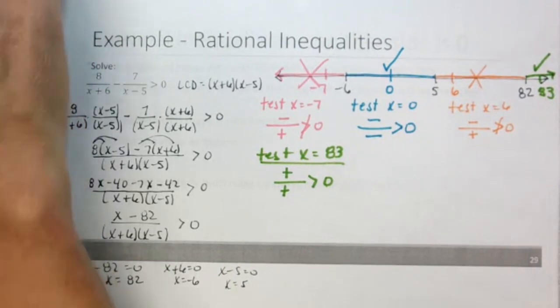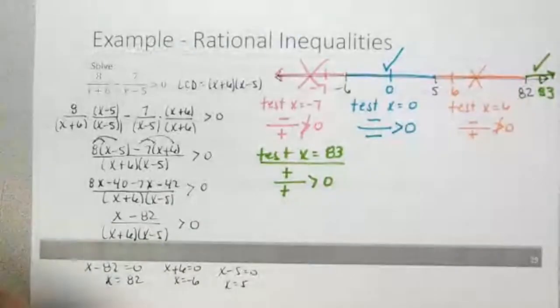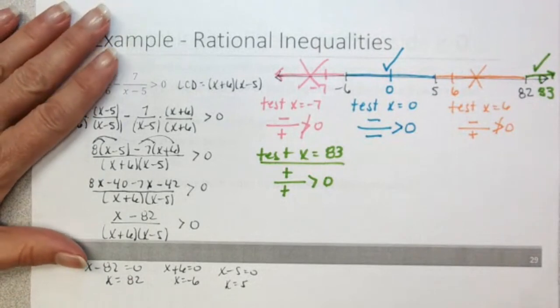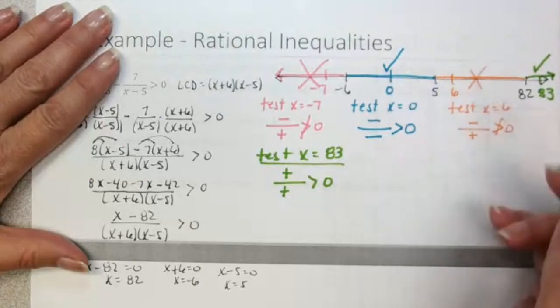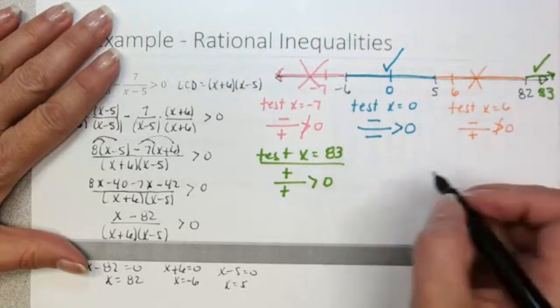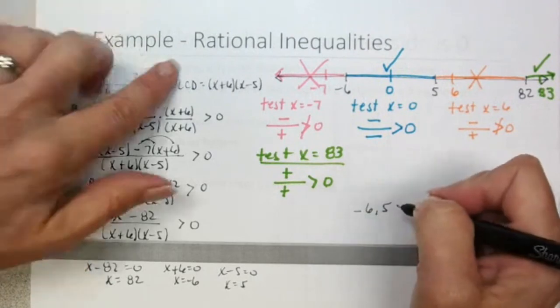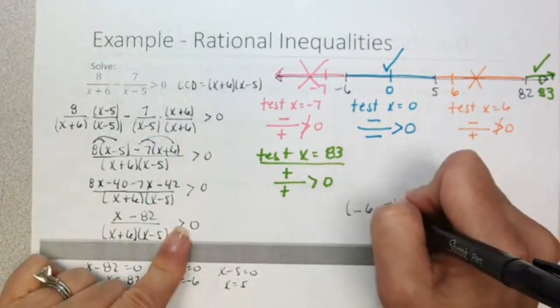So our last step here, our step 5, is to write this interval in interval notation. There's 2 of them, right? There's 2 intervals. The first one is negative 6 to 5. And let's see, it's not greater than or equal to, is it? So I'm going to use parentheses.